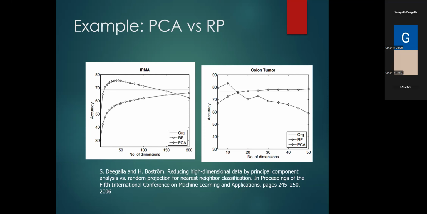What I want to highlight here is that you can use various different techniques to improve the accuracies. My observation is that, especially when you have very limited data points, random projection can outperform PCA. And that was the conclusion of the paper.